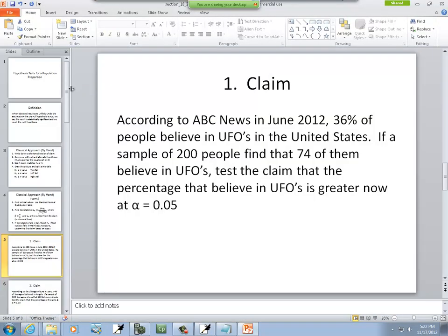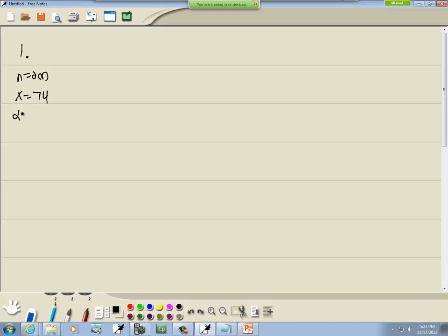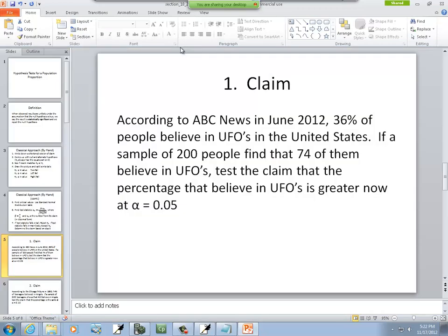Test the claim that the percentage that believe in UFOs is greater than 36% at alpha equal to 5%. So our claim is greater than 36%.